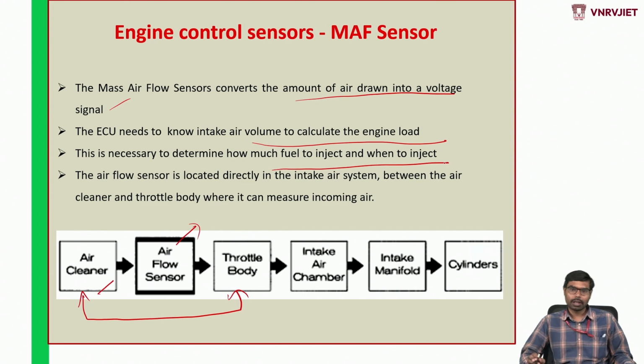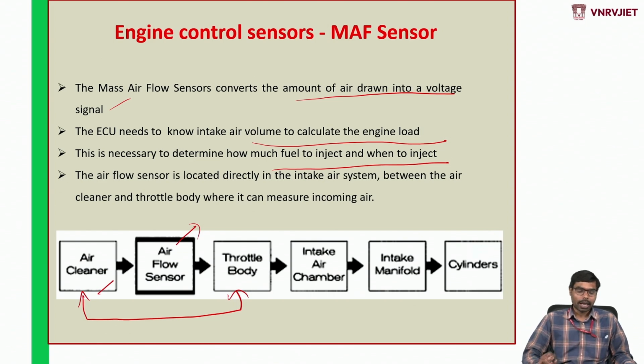That's why the mass airflow sensor is very important in finalizing the amount of fuel injected and the time of injection. I'm not saying this is the only parameter that decides it, but the weightage of this parameter is very important when the ECU determines the quantity of fuel to inject.